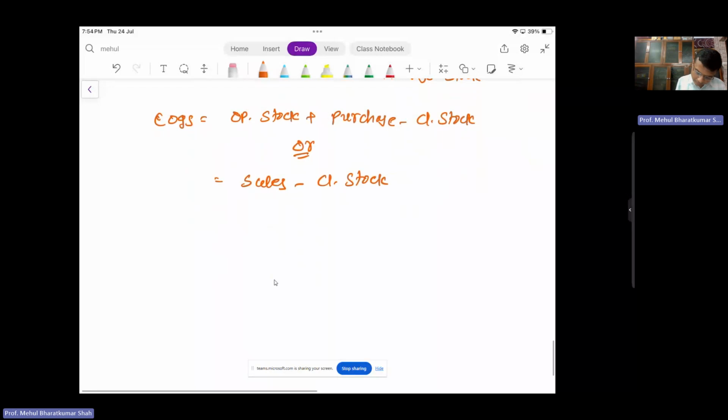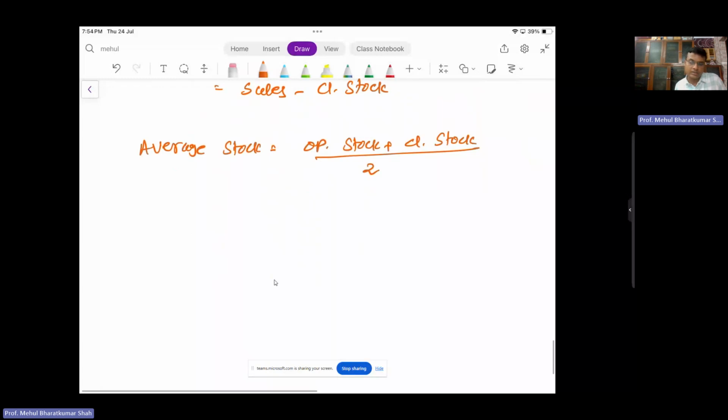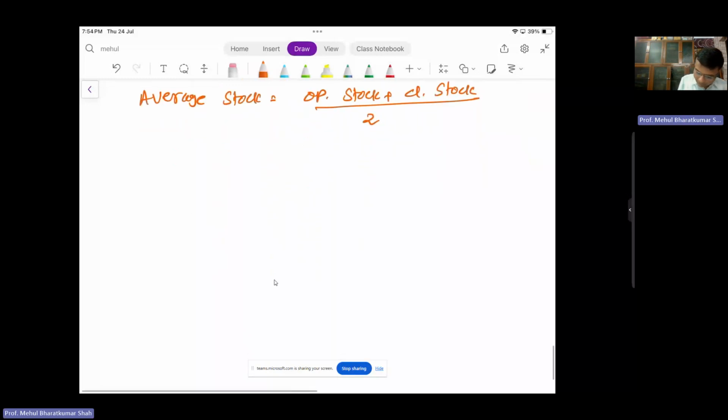Okay, and average stock is equal to opening stock plus closing stock divided by 2. So it is regarding average stock. And the last formula for this chapter is material turnover period.